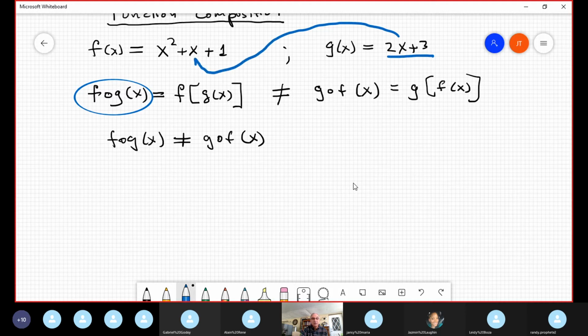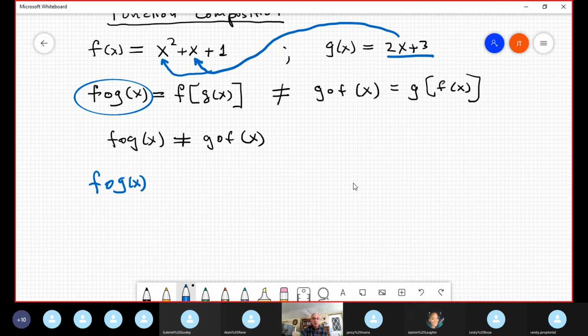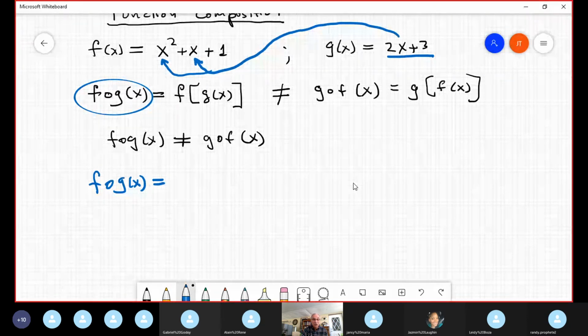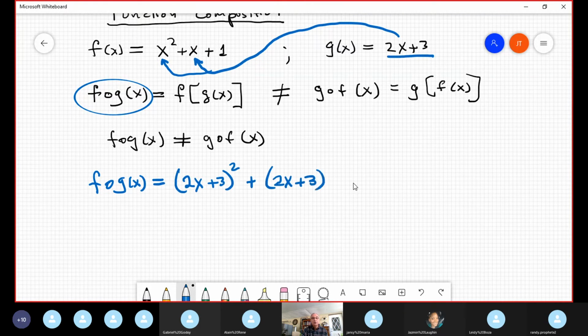In order to find F composition G, you replace in the outer function, which is F, x for the entire G. So it's 2x plus 3 squared, plus 2x plus 3. No square on the second part, because the power there is 1. Plus 1. Leave it like that.